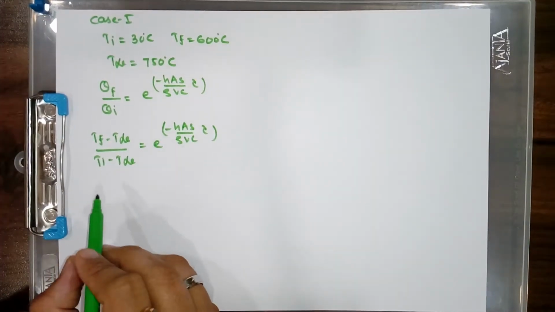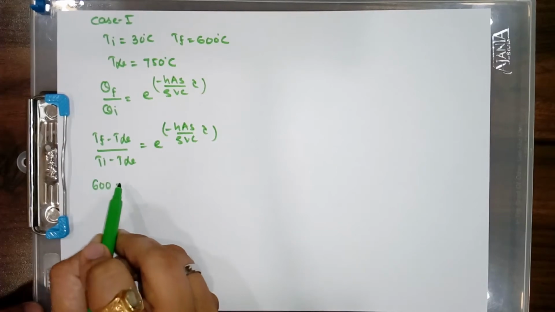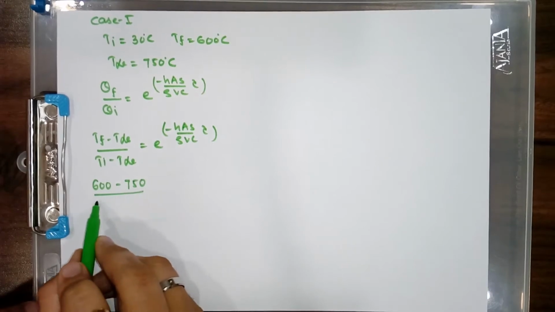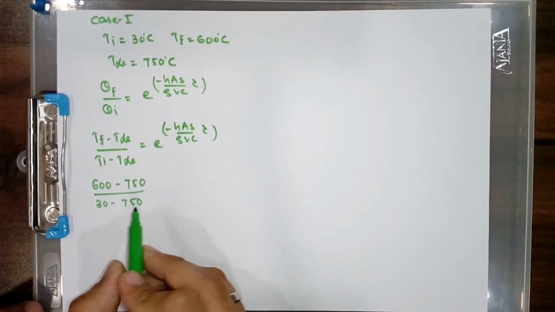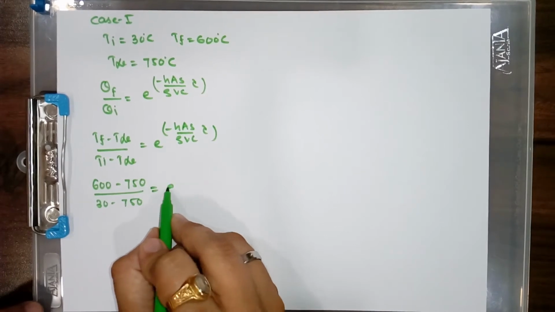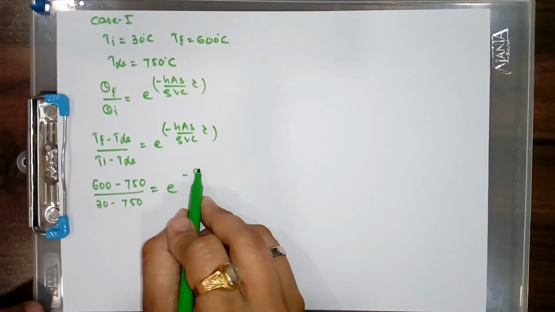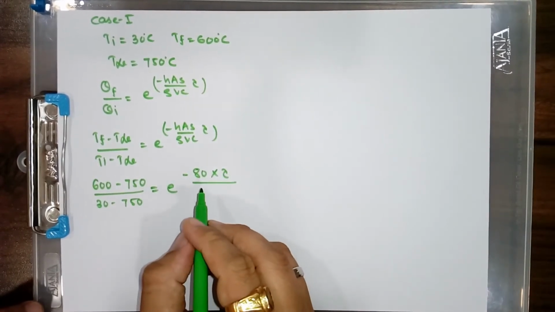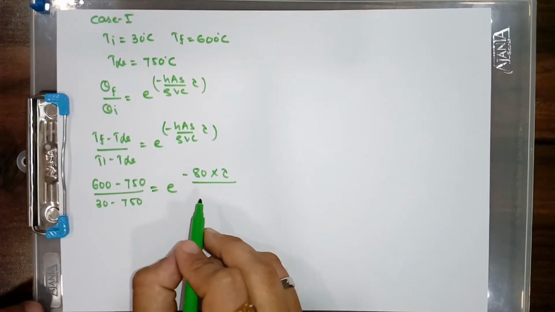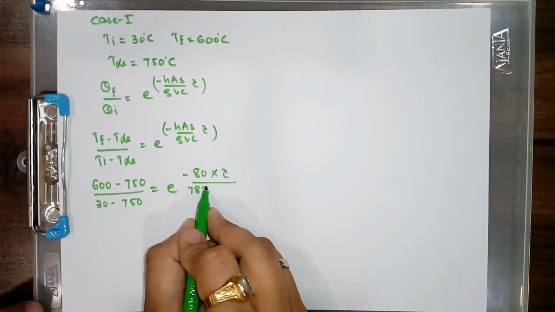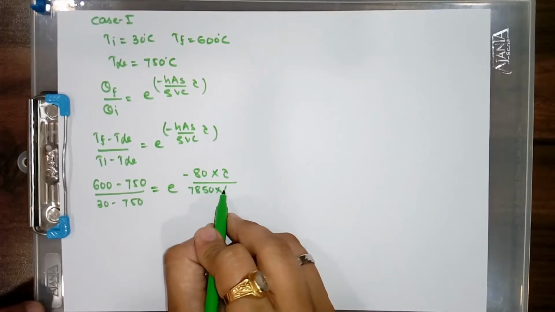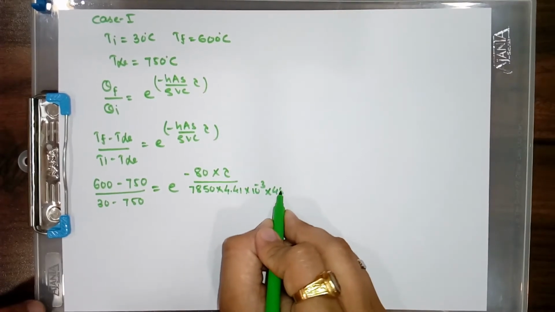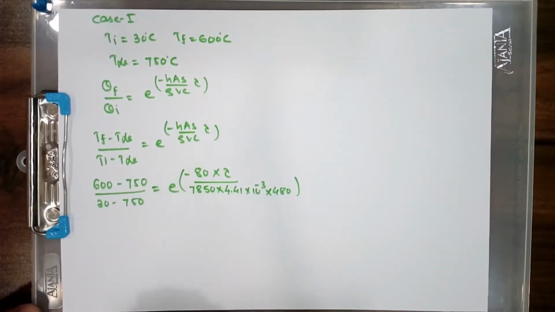So we put down the values. Final temperature 600, T initial is 30 degrees centigrade, and T infinite is 750 degrees centigrade. Exponential minus, h is 80, tau is unknown, V by A becomes Lc, so we write it in the denominator. The density is 7850 into 4.41 into 10 to the power minus 3 into 480, that is c.